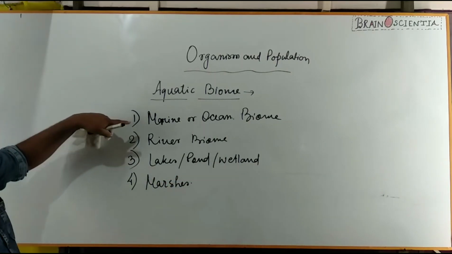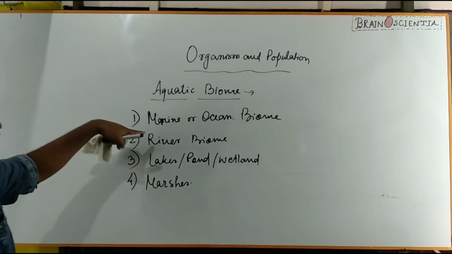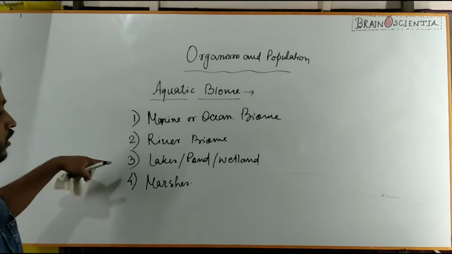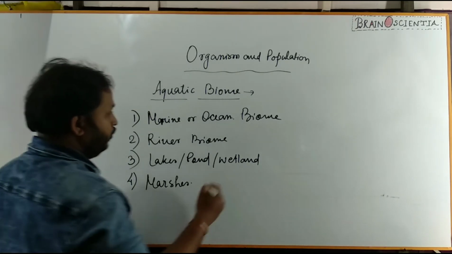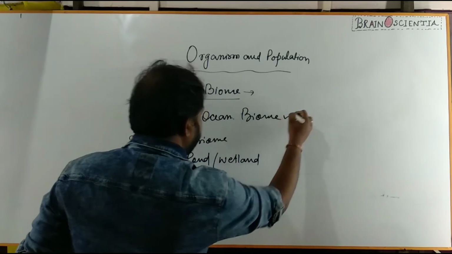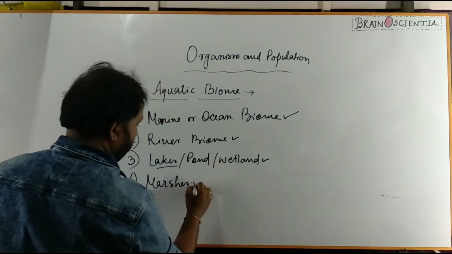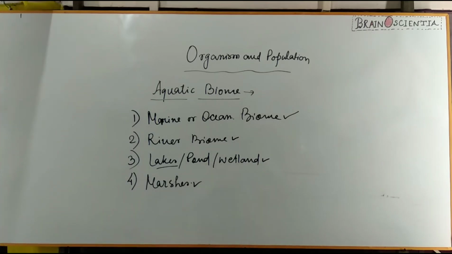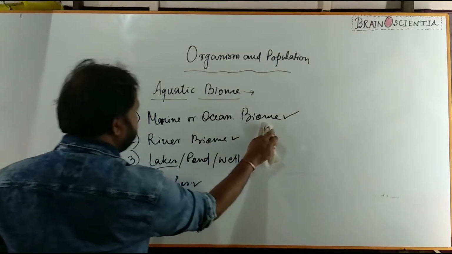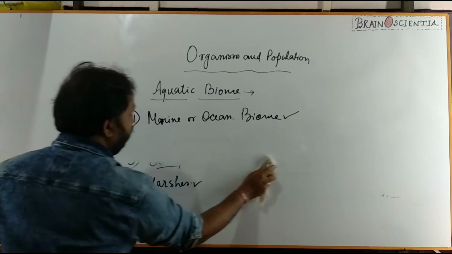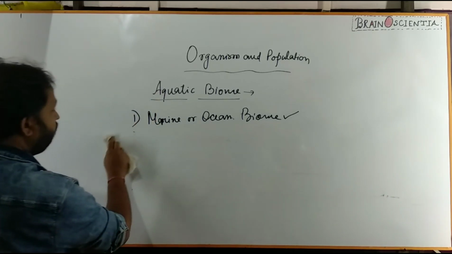These are the 4 major groups by which aquatic biome is grouped. First we will discuss marine biome, then river biome, then wetland, and last one is marshes biome. So let's start with marine or ocean biome.